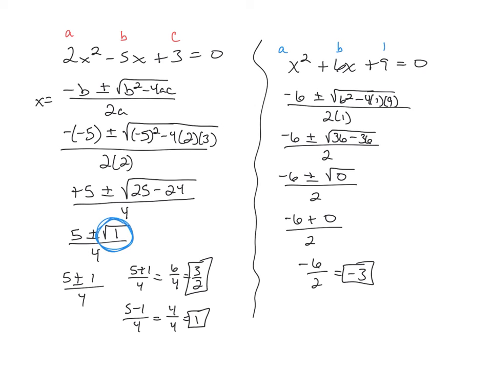It could be square root of 0, which is 0. Or it'll be a negative number, and then the answer is no real solution. Tomorrow we'll talk about what happens if it's square root of 10, and it doesn't have a square root. All right, so then what would it look like if it's no solution?